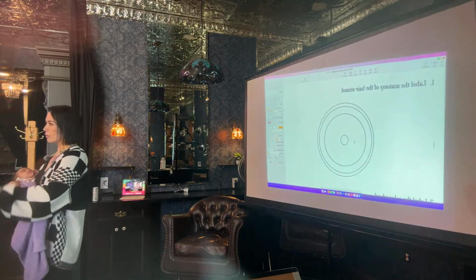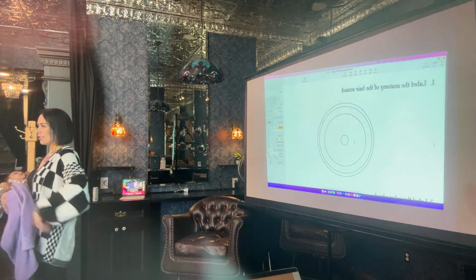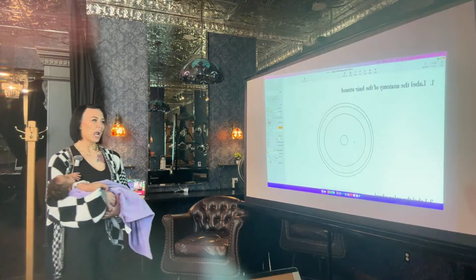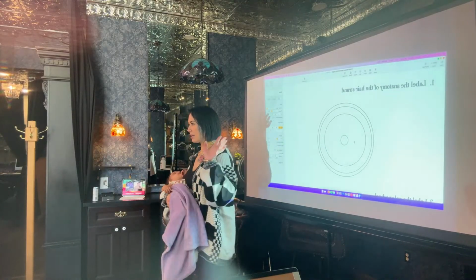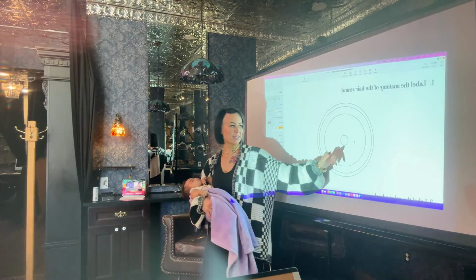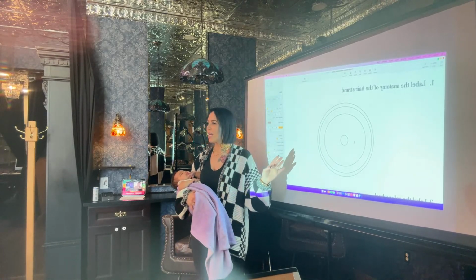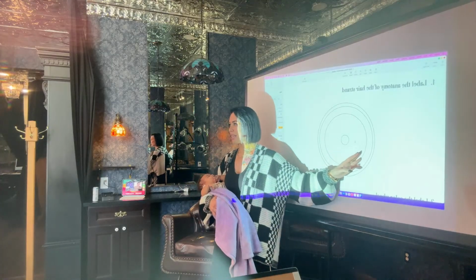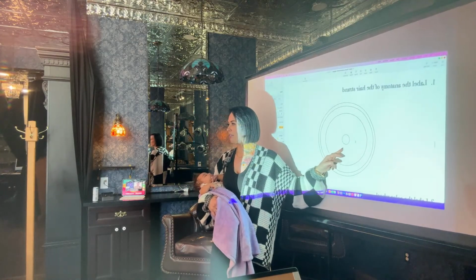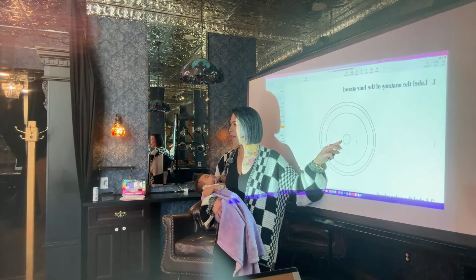Okay, so let's talk about this then, starting with permanents. Permanent has ammonia, meaning we can look to deposit. That means that it's going to be the most aggressive and it will go deeper into the hair shaft.